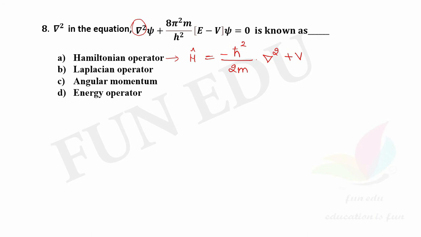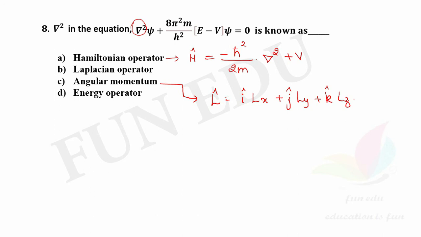Similarly, if you see the angular momentum, what is angular momentum? L cap is equal to i cap into Lx plus j cap into Ly plus k cap into Lz. Okay. So this is angular momentum.